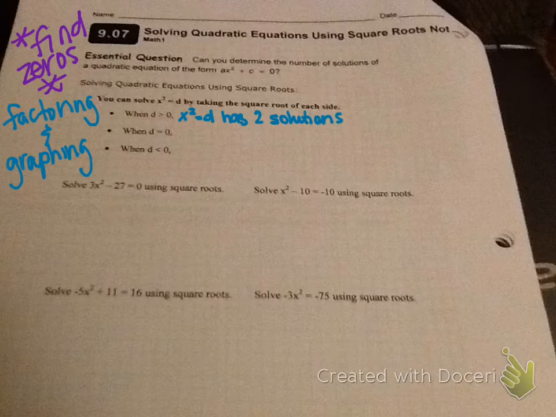If d equals 0, your equation has one solution, and when d is less than 0, it has no solutions.